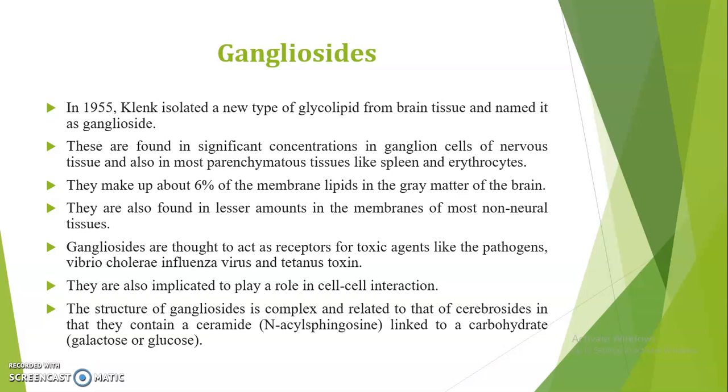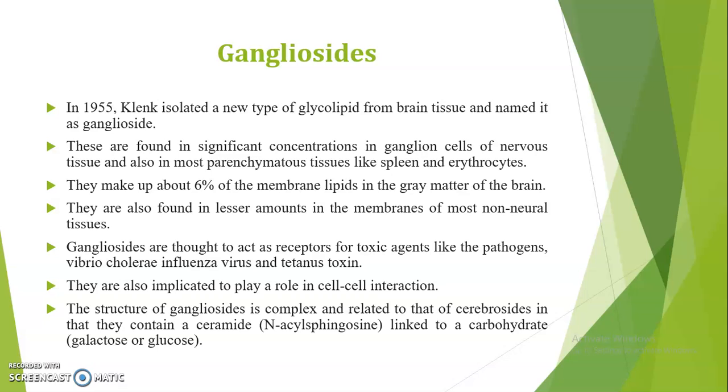Cerebrosides consist of a sphingosine molecule, whereas in gangliosides there is N-acyl sphingosine, that is, the nitrogen atom of the sphingosine is acylated. So here we have finished with the gangliosides, and in this way with the glycolipids.